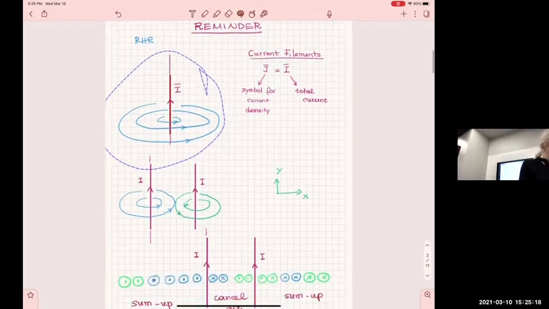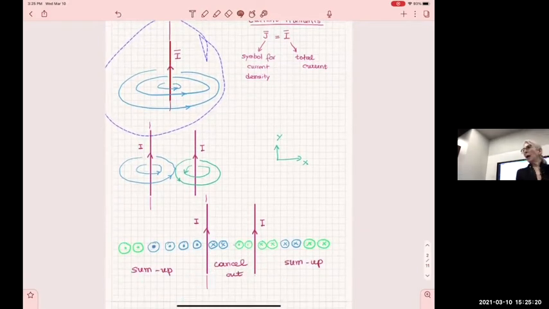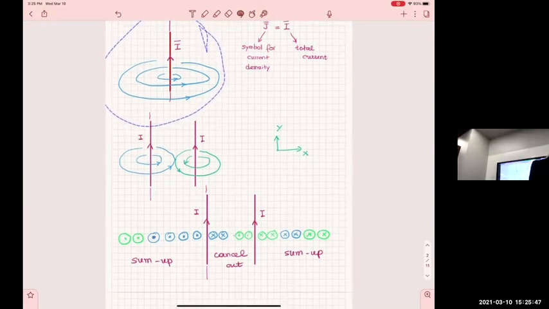Now I put them one next to the other. So what happens here, which is different from the loops? Look at the magnetic field from the left current filament, the blue lines, all right? They circle the current like this, and look at the magnetic field from the current filament to the right, which is going the same direction. In between, pay attention to what happens in this area.